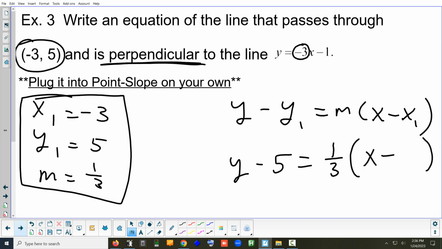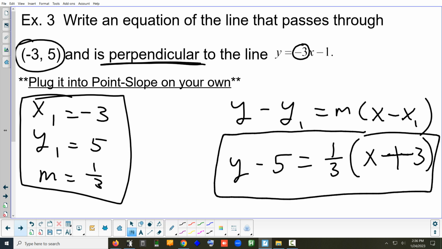It says X1 equals, and it tells us the number. -3. So what's going to happen when you fill in a -3 there? There are 2 negatives, but they turn into a positive. And if they do not say to get y by itself, you can leave your answer just like that.